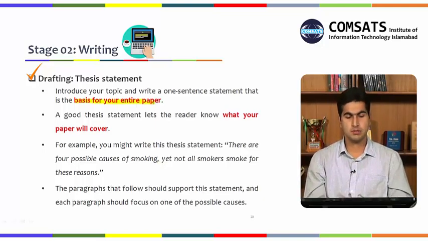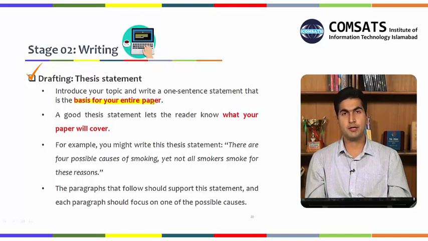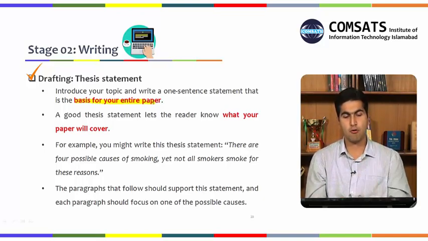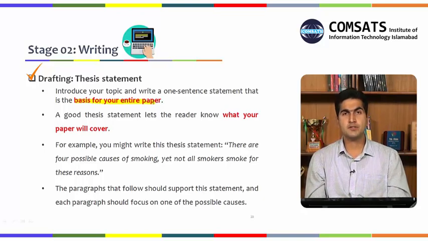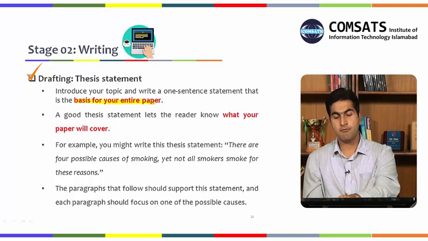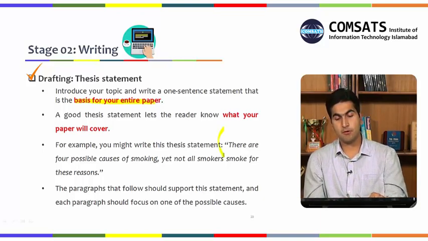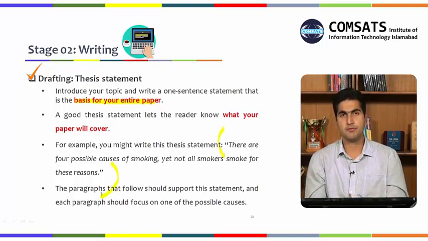You have a topic, for example, related to smoking, and you're going to have this statement at the very beginning that you write, and it is like the basis of your entire paper, and it lets the reader know what your paper is going to cover. Now if you look at the example, there are 4 possible causes of smoking, yet not all smokers smoke for these reasons, and this ends.